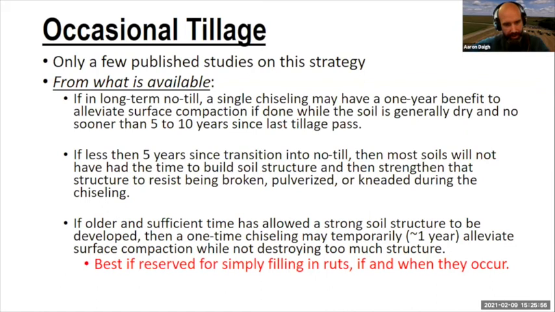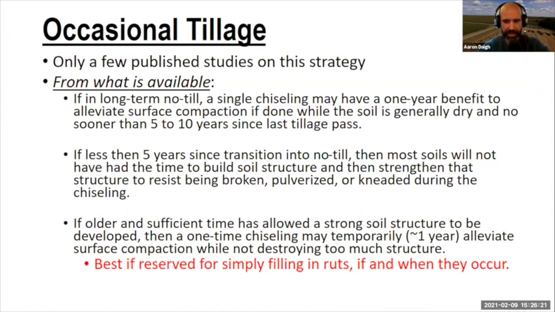If you're older than that 5 year, getting into the 10-year range or older, then there probably is sufficient time for very strong soil structure that can hold together. And if you do a one-time chiseling, you can alleviate the compaction in that depth for about the next year without destroying too much of the structure, as long as it's done when it wasn't sopping wet out there.